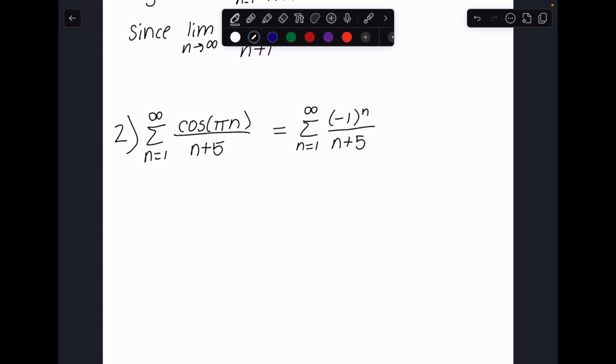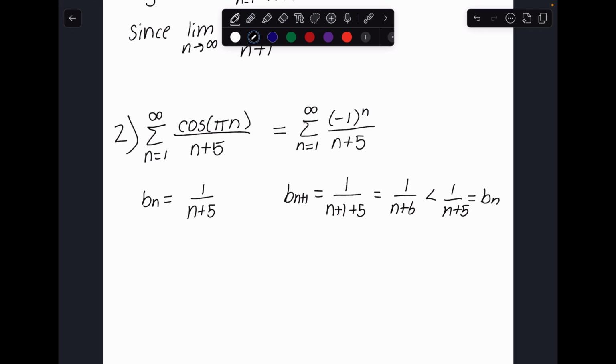All right, so we can use the alternating series test with b sub n's equal to 1 over n plus 5. Now, b sub n plus 1 is going to be equal to 1 over n plus 1 plus 5, which is 1 over n plus 6, which we can confidently say is going to be less than 1 over n plus 5, which is our b sub n. So we have that our b sub n's are decreasing.